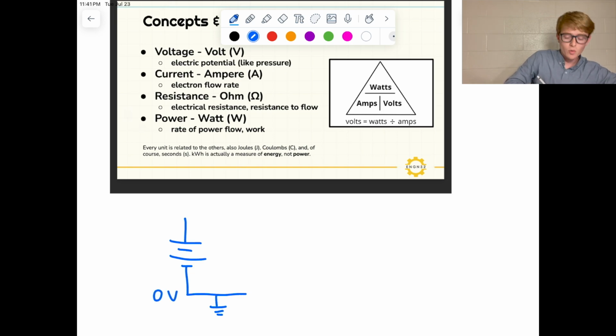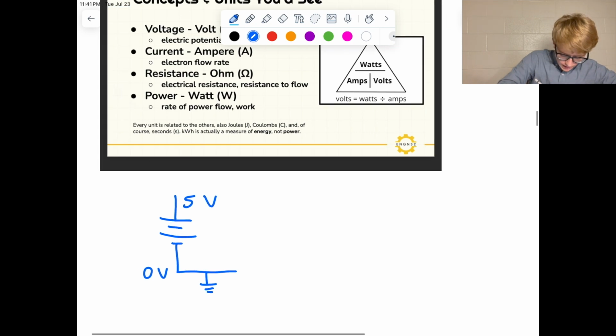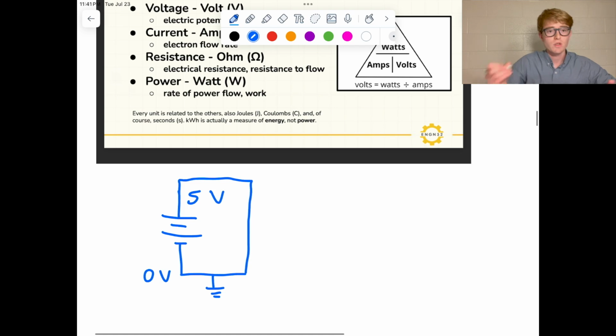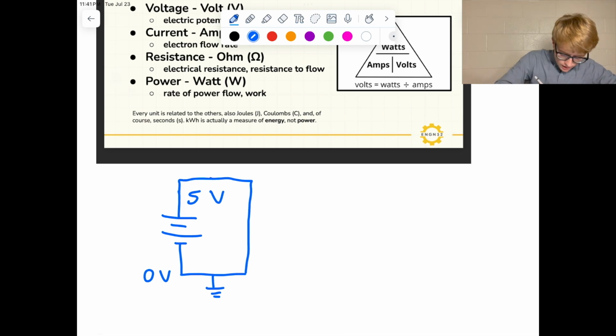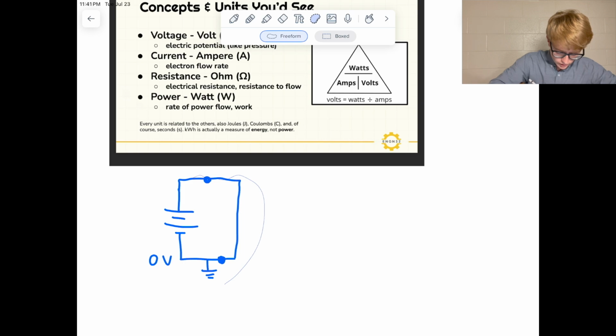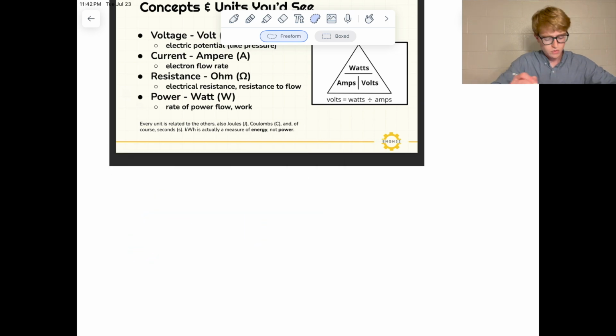And maybe this is a 5 volt battery. We'll say this end is 5 volts. Now if I connect these two with a wire, we know current flows in this circuit. Why is that? Because there's a difference in potential in my circuit. I have 5 volts and I have 0 volts. So my current is going to flow like this. Just a good thing to keep in mind: that is when current flows in a circuit, when we have a difference in potential.